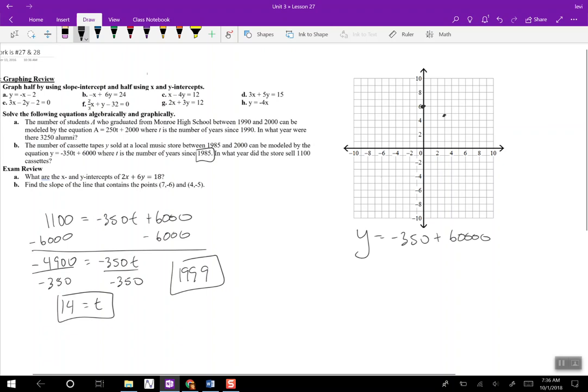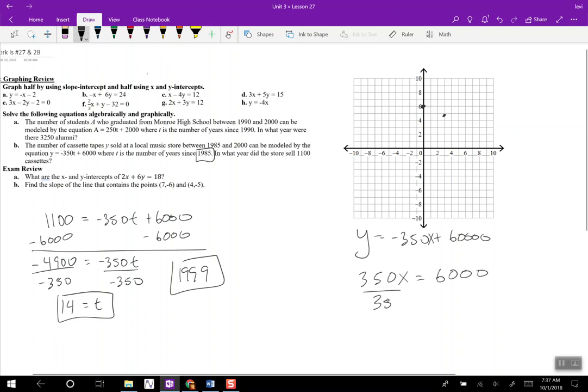We could find the x-intercept by solving for x. So that's going to be how many times 350 equals 6,000?